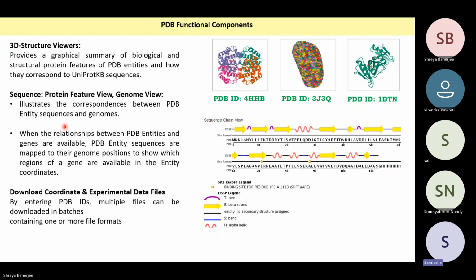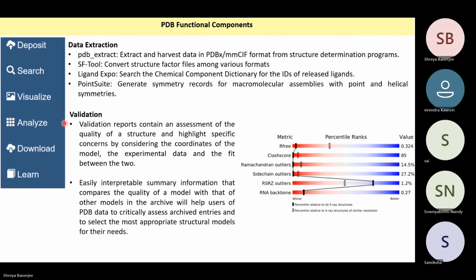Ma'am, in the previous slide, there is a value of 14.5% and 85. These are all the values. In the case of the Ramachandran plot, the protein must have greater than 90% in the allowed region, then it is called a better protein and we can take that protein structure. But in the case of the Ramachandran outliers, this 14.5% is the outlier.